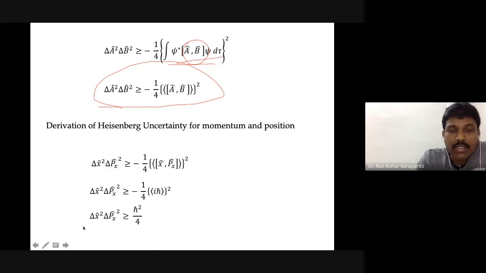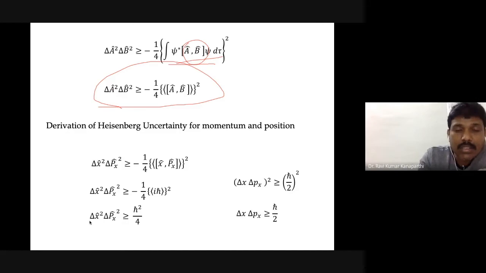So on the left hand side we get delta x square delta px square greater than or equal to h cross square upon 4. This you can further simplify and say that delta x multiplied by delta px, whole square, must be greater than or equal to h cross by 2, whole square. So the squares on both sides cancel out.